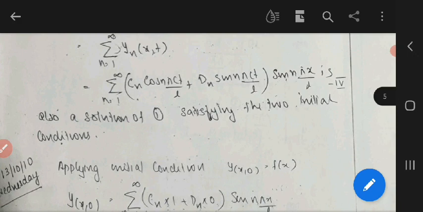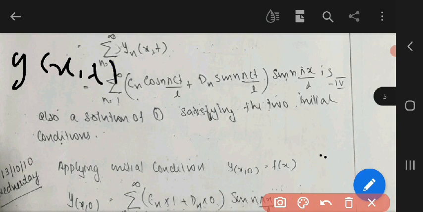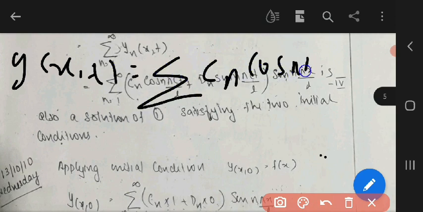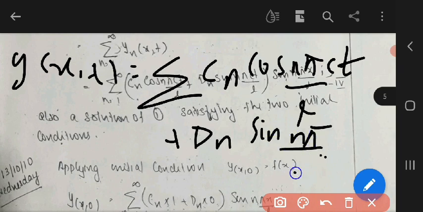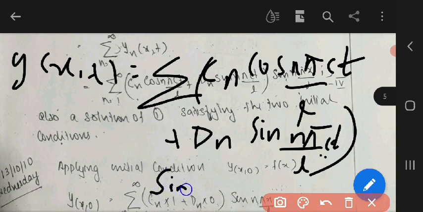So you should keep this equation in mind.